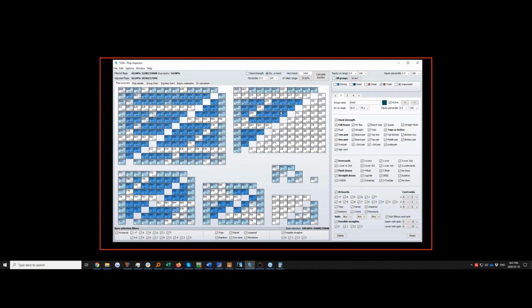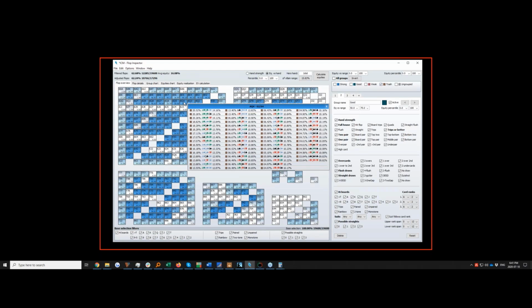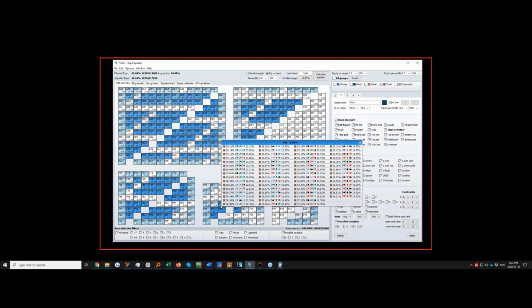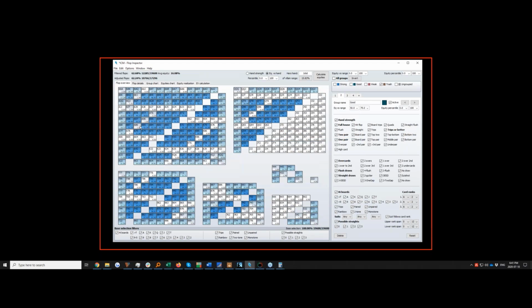You flop trash on Ace Queen 4. What do you do with Jack 6 on Ace Queen 4? Just check fold. What do you do on Queen 7-7? Check fold. What do you do on even 8-5-3? You have Jack 6, probably just check fold. So this is 63% of the flops. You flop trash, you're going to check fold.